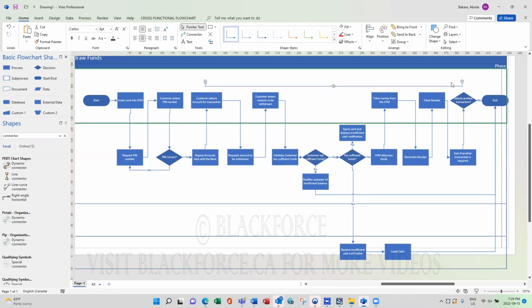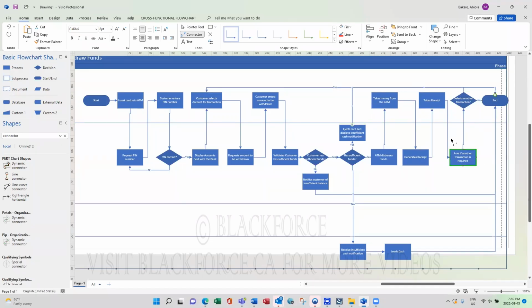Yeah, that's not the right way to do it, but that seems to be the only way it's letting me do it now. That still didn't work. Okay, so I need an arrow going from eject cash to end.